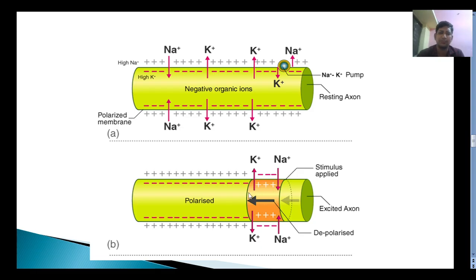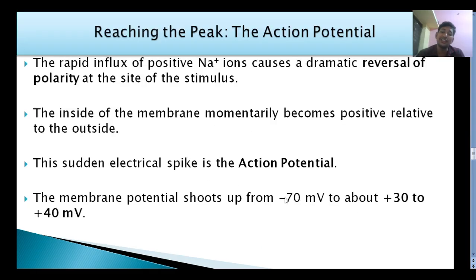If you check using a voltmeter the membrane potential, earlier it was minus 70. Now it changes to plus 30 to plus 40 millivolts. So this means that an action potential is generated at the axon.